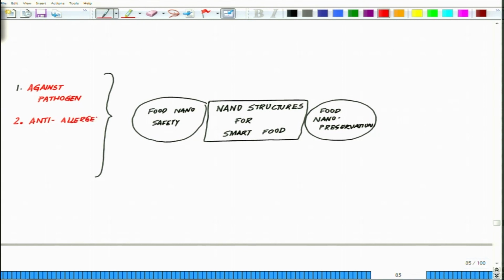Third, reducing the use of heavy metals.